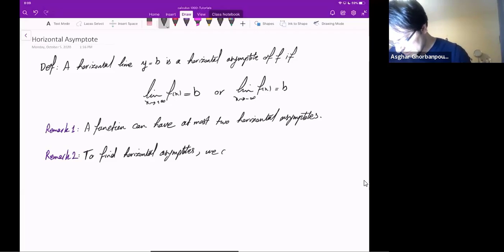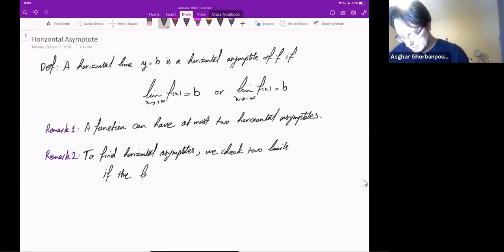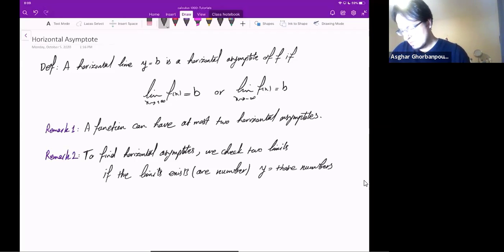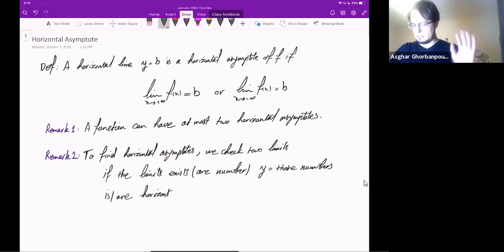We check the two limits. If the limits exist, in other words, are numbers, y equals those numbers is or are horizontal asymptotes. Just go ahead and find two limits. That's it.